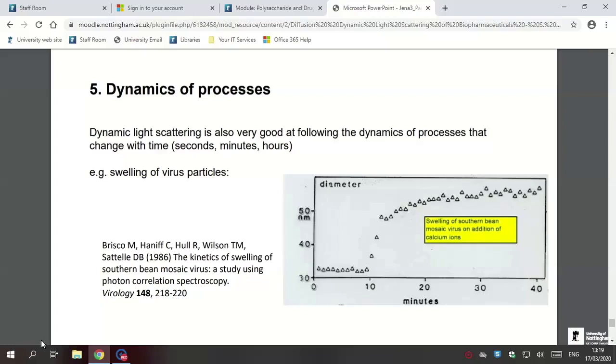You can follow the destruction of bacteria with time.